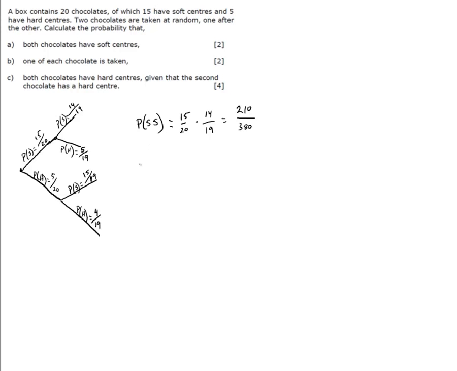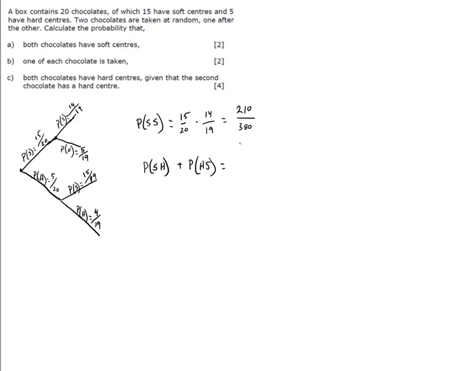One of each is taken. Well, that can happen 2 ways. We can have the probability of taking a soft followed by a hard, plus the probability of taking a hard followed by a soft. So you see the 2 middle branches account for that.